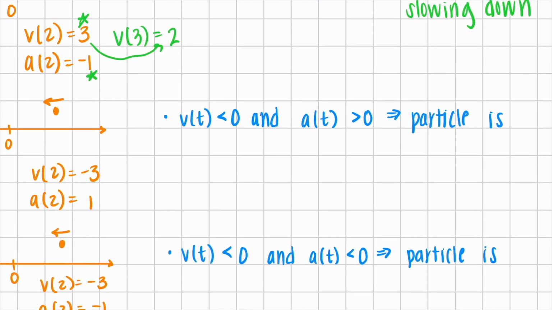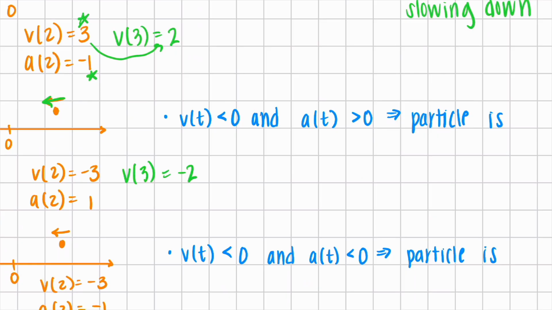Next scenario, now let's say v of 2 is -3. So my particle is moving to the left 3 yards per minute. And let's say a of 2 equals +1. That means that your velocity is increasing. So then let's say at v of 3, let's increase my velocity.